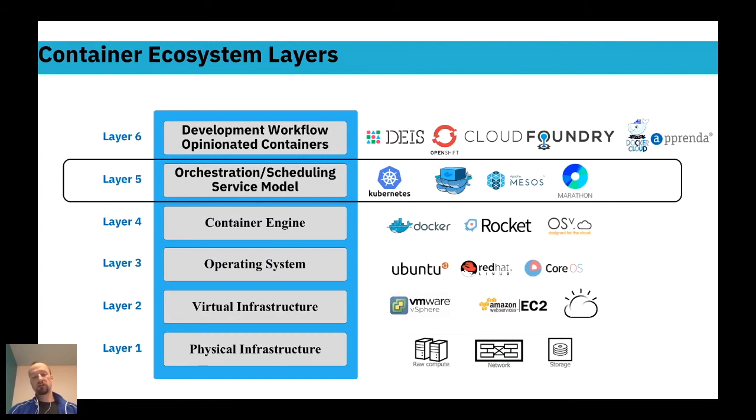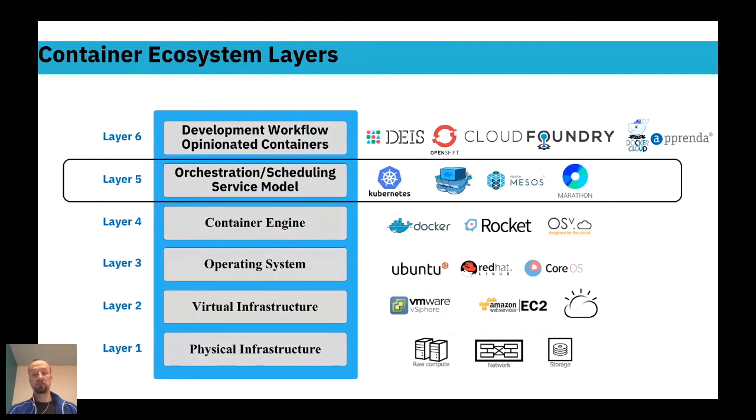If we look at the container layers, you would have the physical infrastructure, a virtual infrastructure, and then operating systems. On top of them, you start to create the containers. So starting from the bottom, bare metal, then cloud systems, like VMware or Amazon or IBM Cloud.